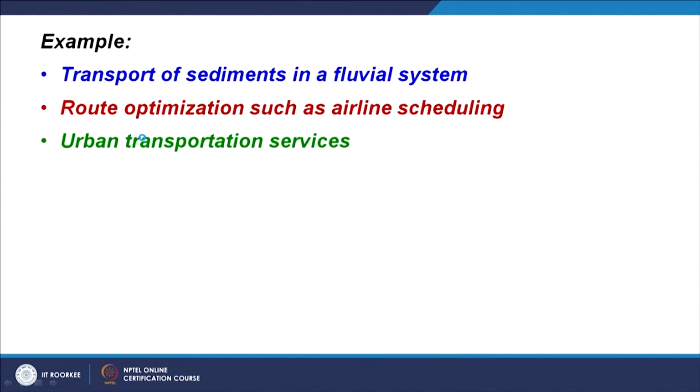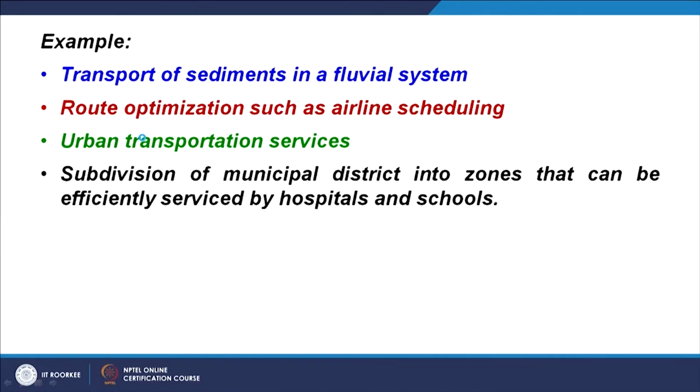For example, transportation of sediment in a fluvial system, route optimization such as airline scheduling, which too has started employing GIS, urban transportation services for city buses, metros, and road networks, and subdivision of a municipal district into zones that can be efficiently serviced by hospitals and schools.